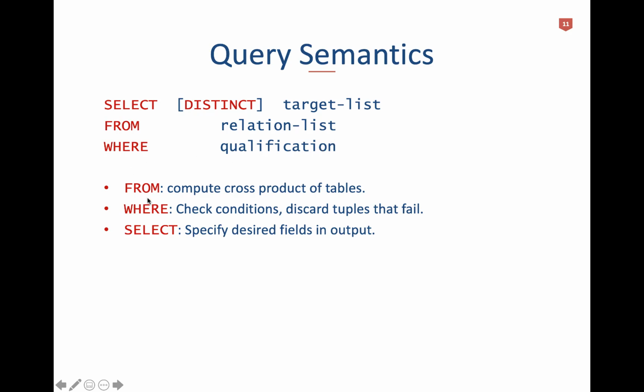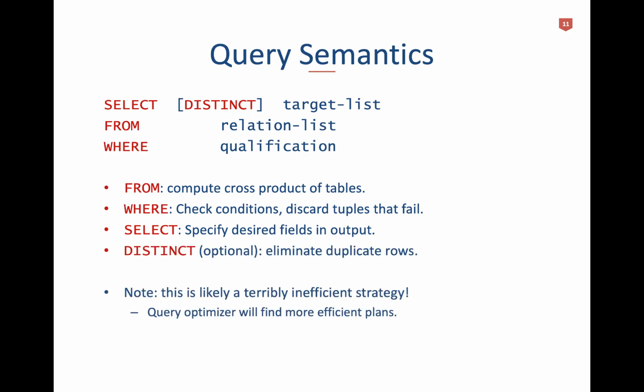And as we said, the from clause will compute the cross product of these tables at this point. Then we'll check the condition and discard some of the rows that fail these conditions, and select will project only the desired fields that you want to show. So by now this should be clear for all of you.